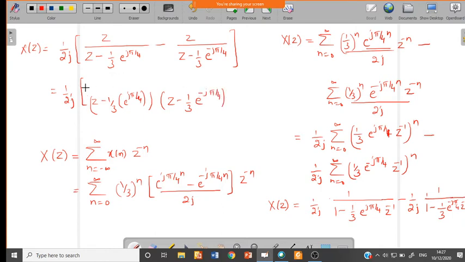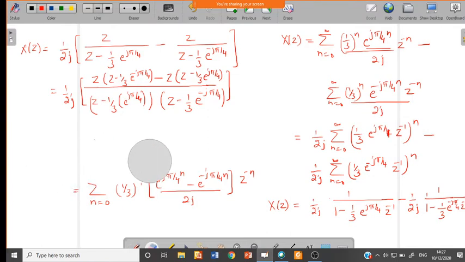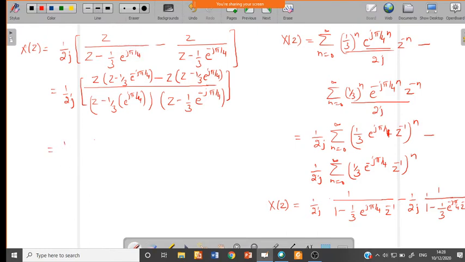If we take a common factor, we will get z into (z minus (1/3) e^(-jπ/4)) minus z into (z minus (1/3) e^(jπ/4)). Okay, so this will be equal to 1 over 2j into, now here you can see z into z, z square, minus z into z, z square, will cancel each other.